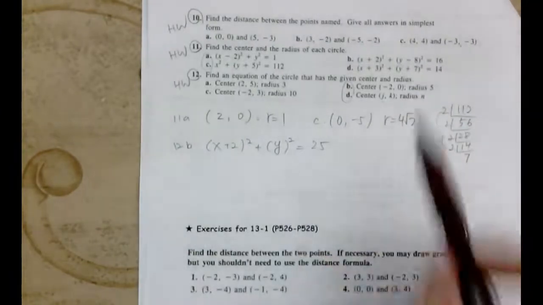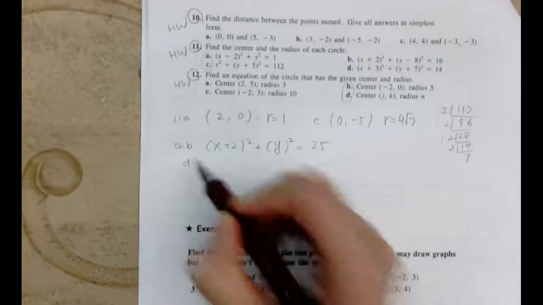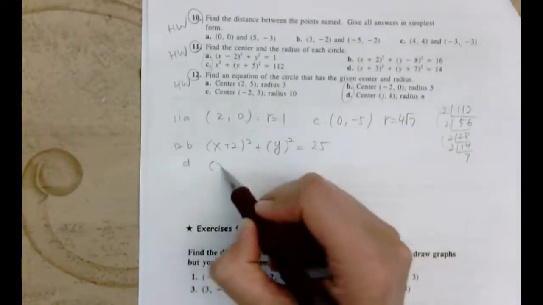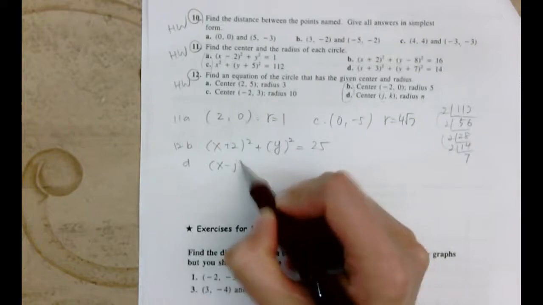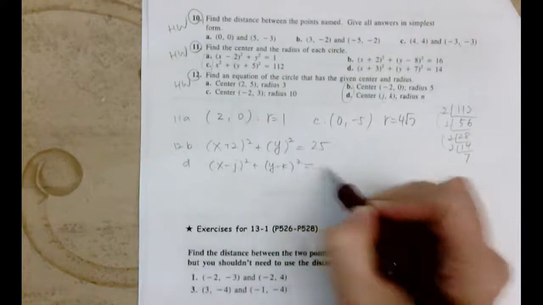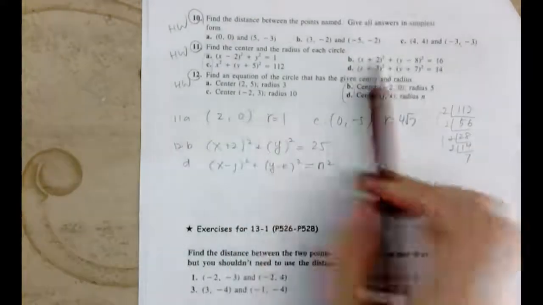That's the equation that has a center this and a radius 5. And 12D, center JK and radius N. So the equation is (x minus j) squared plus (y minus k) squared equal n squared. That's it. Okay, so you can do these, and then do these 3.